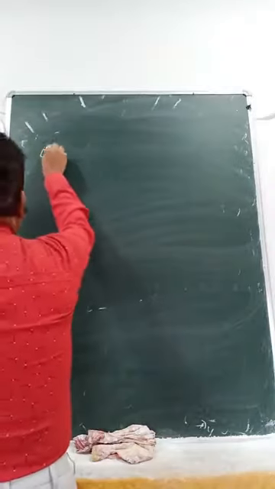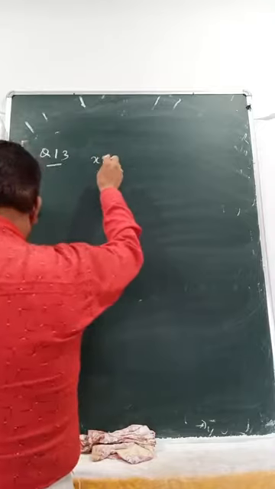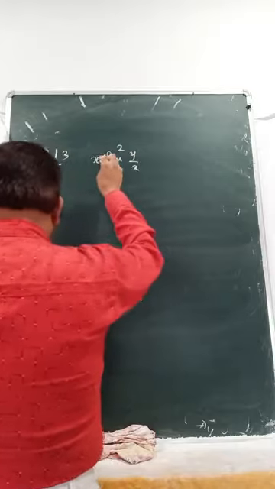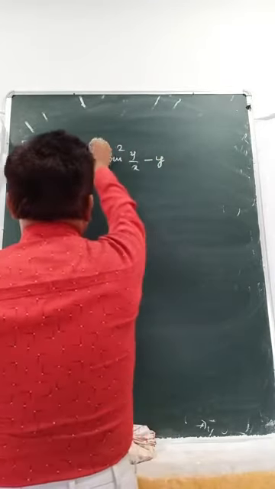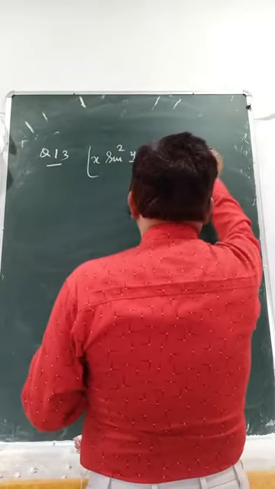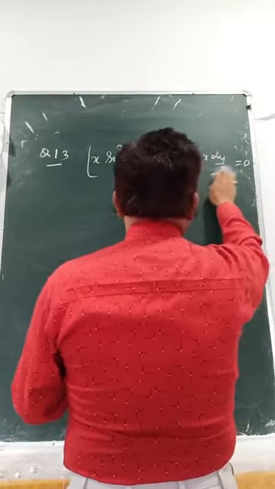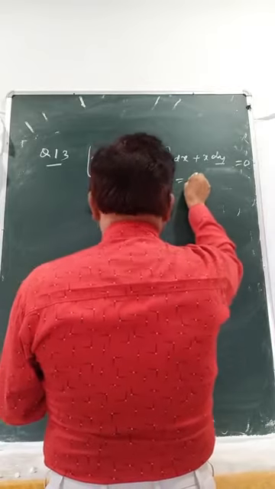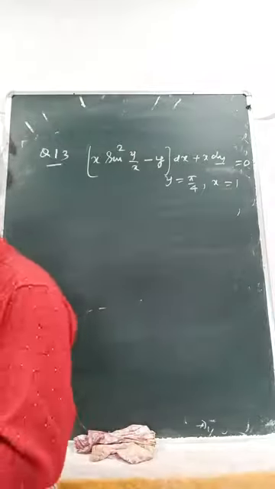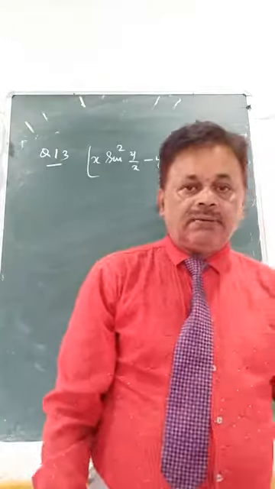So question number 13: x sin square y by x minus y, whole into dx, plus x dy equals 0. y equals pi by 4, x is equal to 1. Okay. So first you have to solve it, then you will find out, look at the pattern.